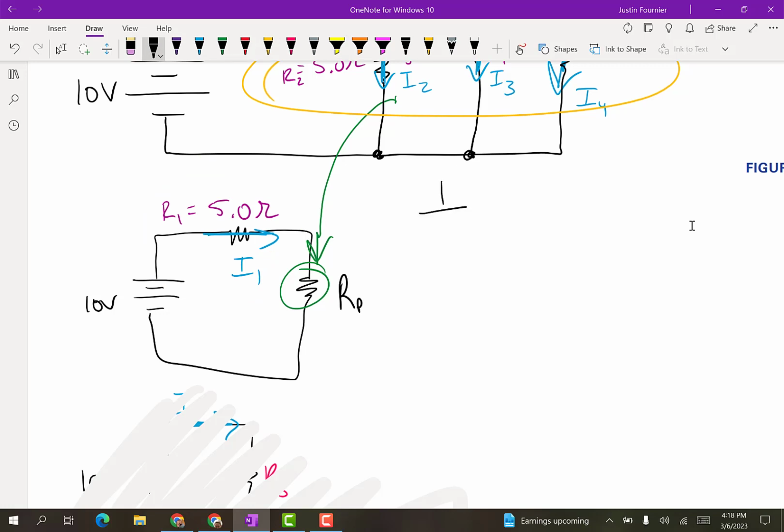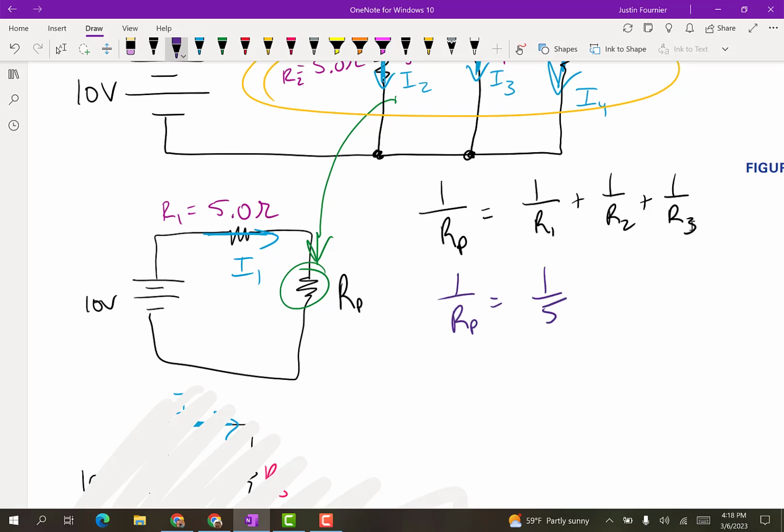And I know that 1 over RP is equal to the sum of the inverses of each individual resistor. So 1 over RP is equal to 1 over 5 plus 1 over 5 plus 1 over 5, and this all adds up to 3 over 5.